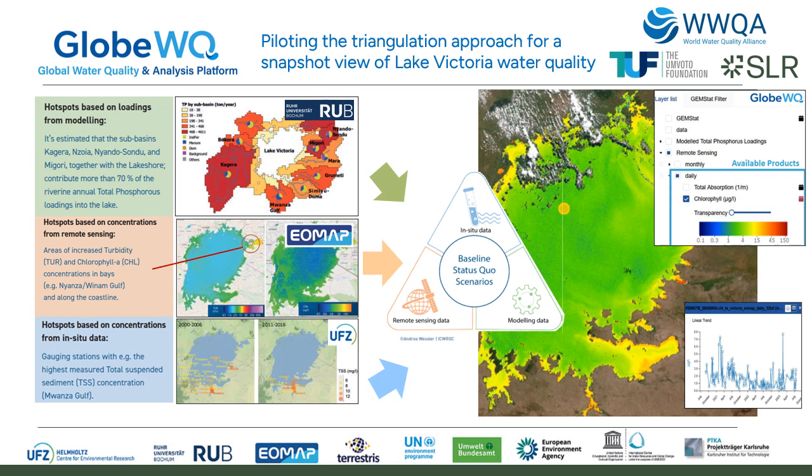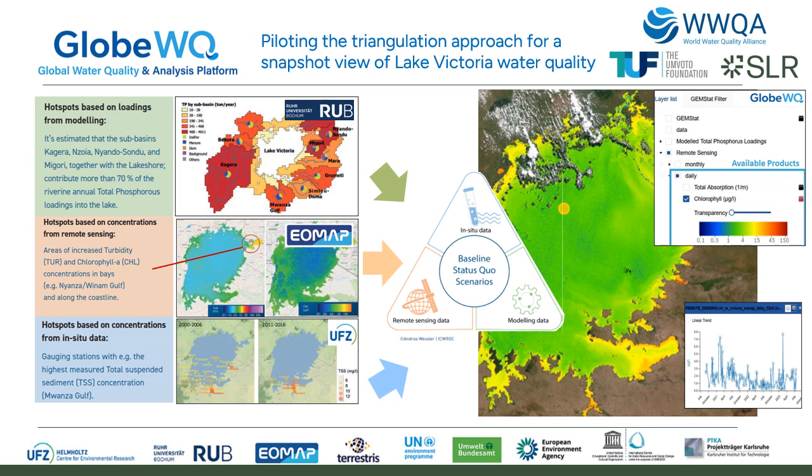Taking this forward, the WWQA members at various organizations and institutes collaborated with key lake stakeholders to develop a Lake Victoria specific portal within the online GlobeWQ platform. This platform was introduced earlier today in a separate presentation by Christian Schmidt. GlobeWQ utilizes the triangle integration approach to inform water quality hotspots, trends, and underlying drivers.